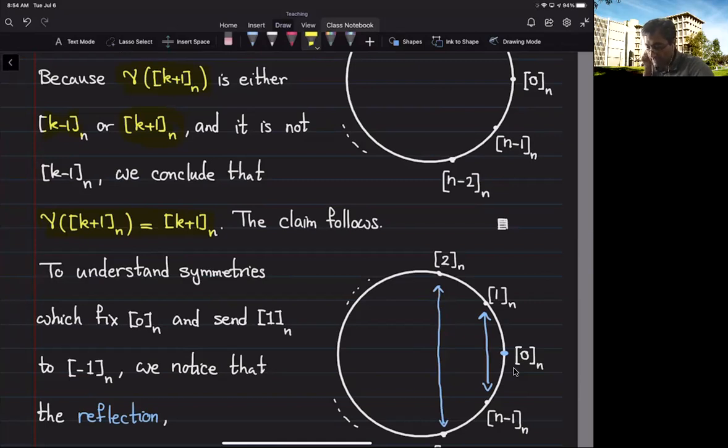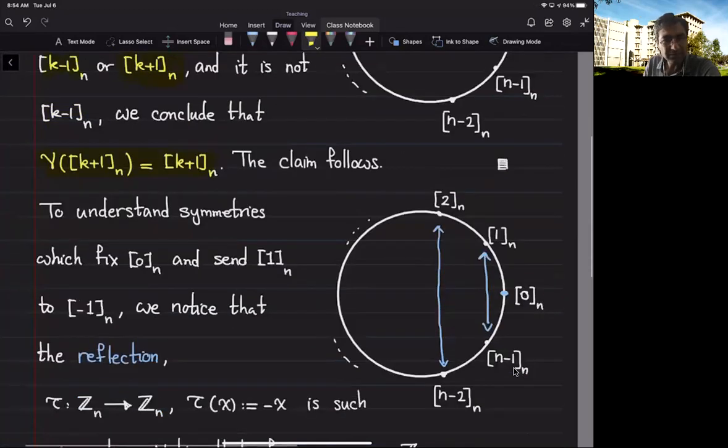Okay, now let's look at the next case, where 0 is fixed, but 1 is sent to -1.